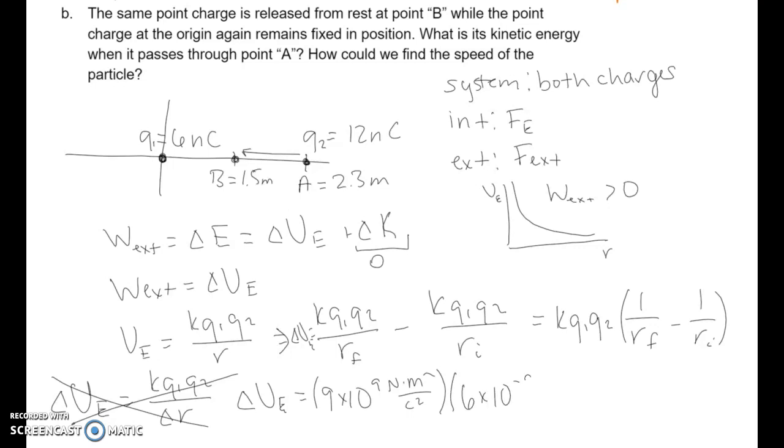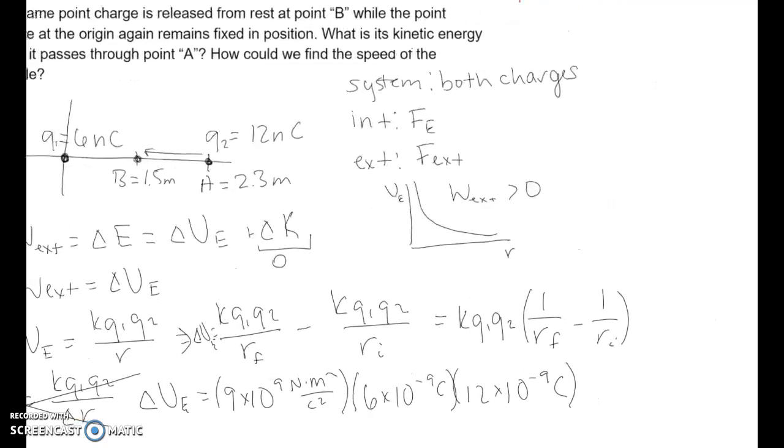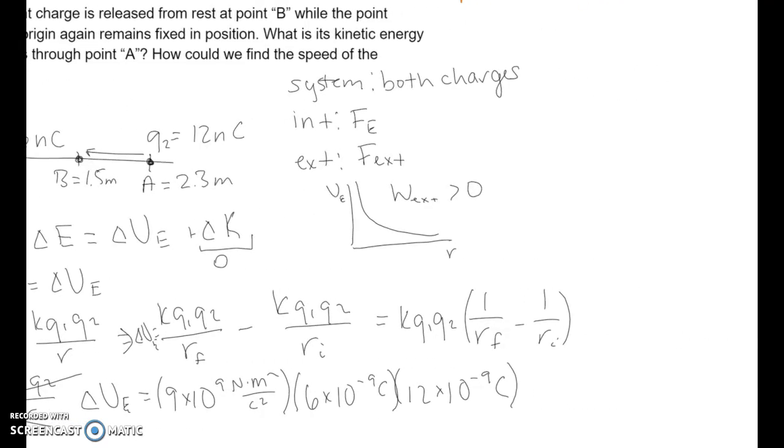That's 6 times 10 to the negative 9 coulombs times 12 times 10 to the negative 9 coulombs. Let me scroll a little bit so I can make it fit on one line. And we need to multiply it by 1 over Rf, our final location, which is 1.5 meters, minus 1 over Ri. Our initial distance between the two charges is 2.3 meters.